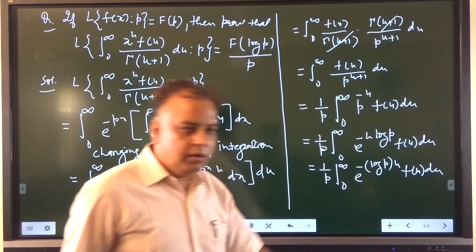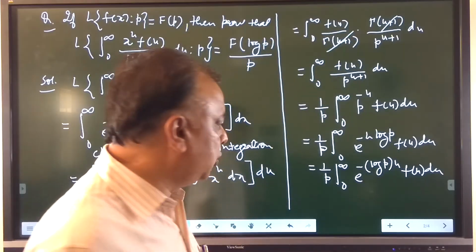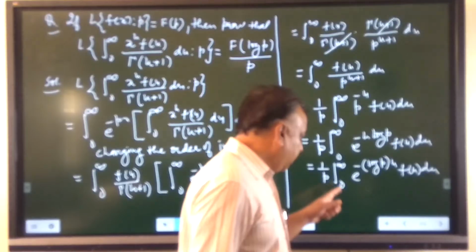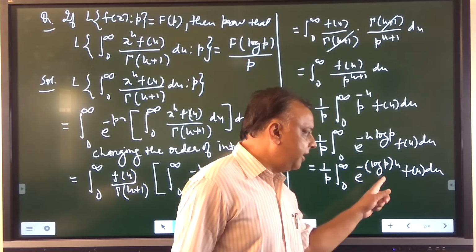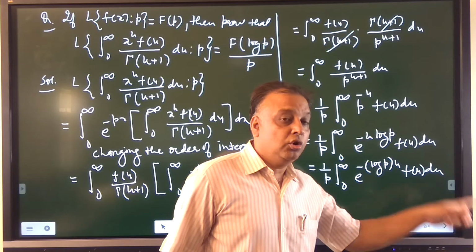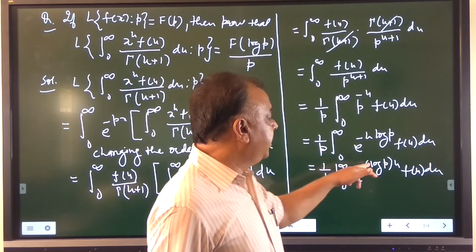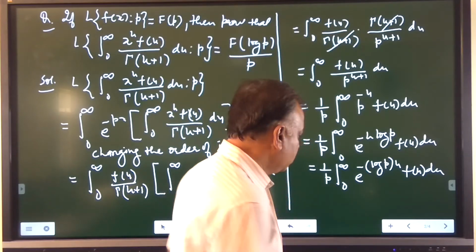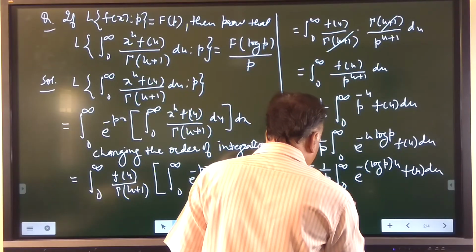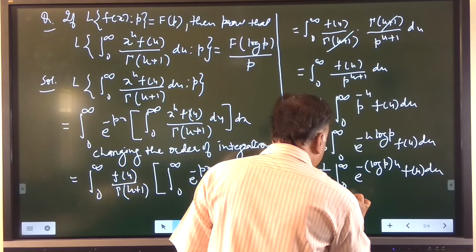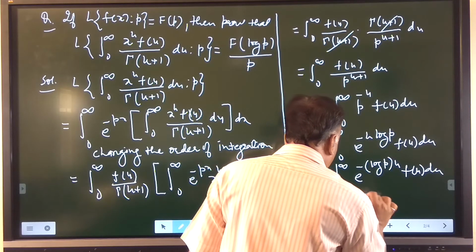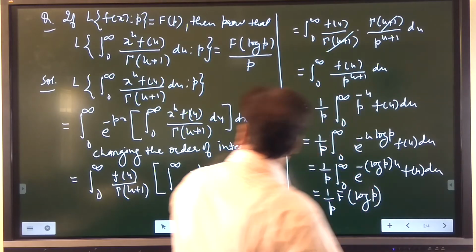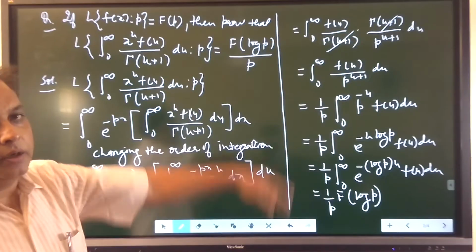If we compare this with the definition of the Laplace transformation, the integral from 0 to infinity of e raised to minus px f of x dx, the parameter in this case is log p. So this is nothing but 1 upon p f of log p, which is the required result.